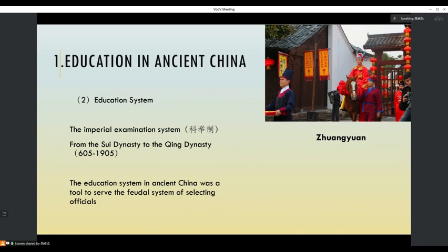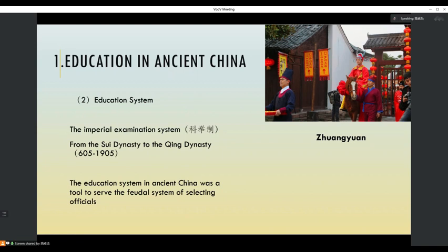So if a man, not a woman, because in ancient China, women had no right to be educated in private school or in official school. So the top scholar only belongs to men.